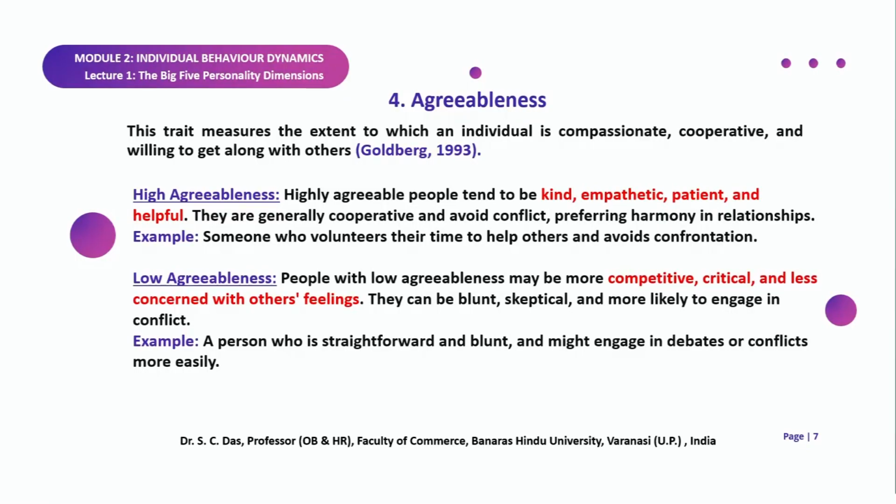Capitalism is equally important, but nowadays people demand compassionate capitalism. That means you need to understand the problems of others. And it is the high agreeableness: kind, empathic, patient, helpful.